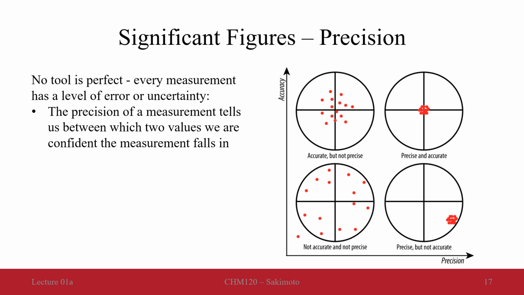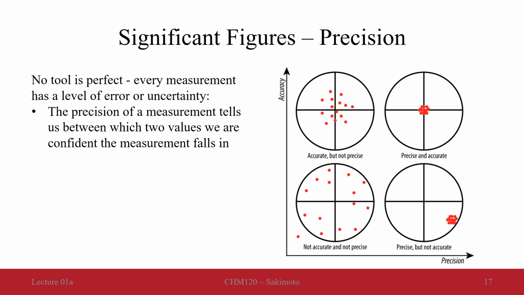Looking at the two on the left, we see that the spread, how far apart each of those shots are, is pretty wide. Each individual shot is kind of all over the place. They're kind of clustered around the center of the target, but the spread is very wide.